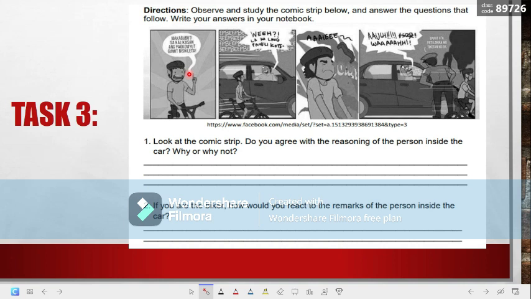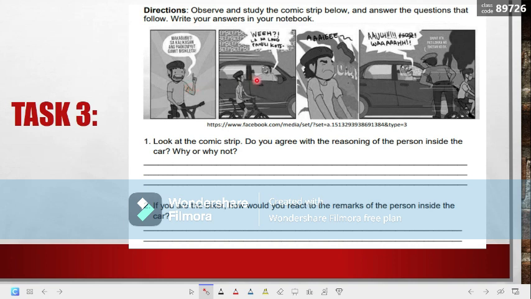So we have here a biker and there's a person inside the car. Okay, so they are having a conversation. The biker said, makabubuti sa kalikasan ang pag-commute gamit ang bisikleta. So in English, he's trying to say that it is environment friendly to commute using a bicycle.